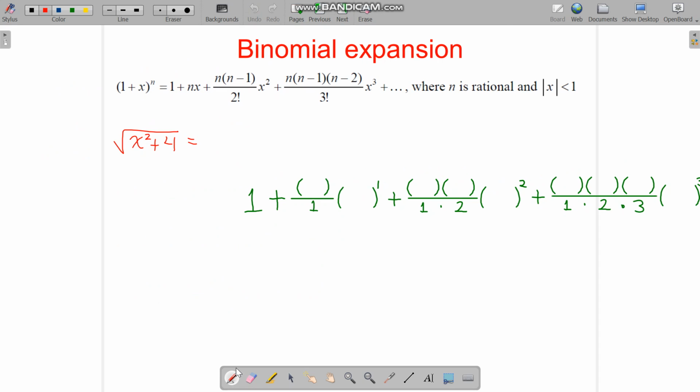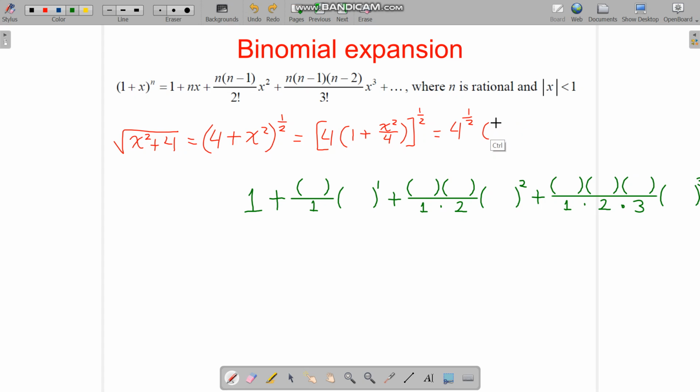Another example, now we have, I'm just going to write this as 4 plus x squared to the power of 1 over 2, which means we can pull out the 4. We have 4 times 1 plus x squared over 4, and they are all still to the power of 1 over 2, which is equal to 4 to the power of 1 over 2, 1 plus x squared over 4 to the power of 1 over 2.